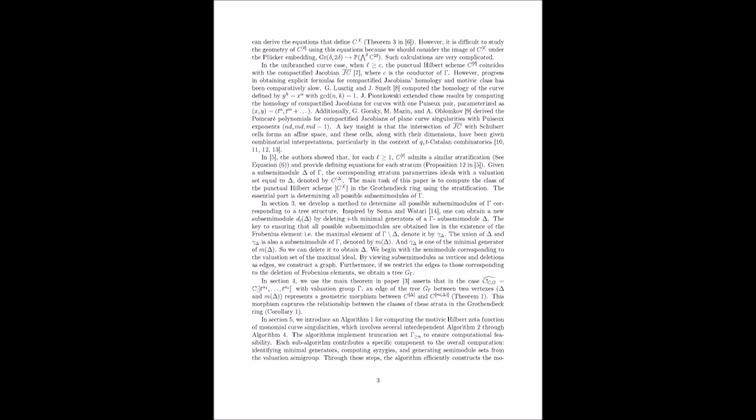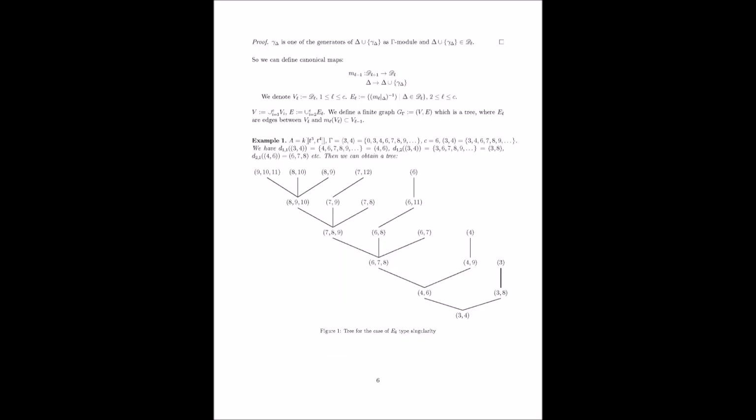Yes, the valuation semigroup for curves with a monomial local ring, which is what this research focuses on. This semigroup is generated by a finite set of integers. It captures information about the orders of vanishing of a function at the singularity. Precisely. And the key insight is that you can stratify the Hilbert scheme by looking at the subsemimodules of this valuation semigroup.